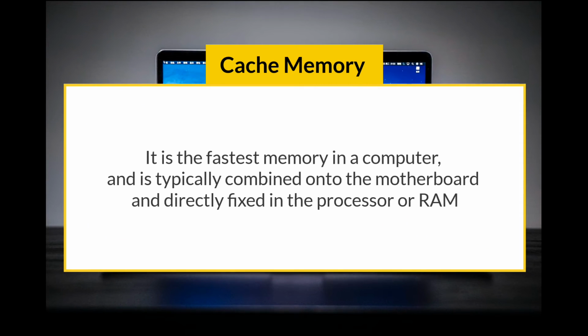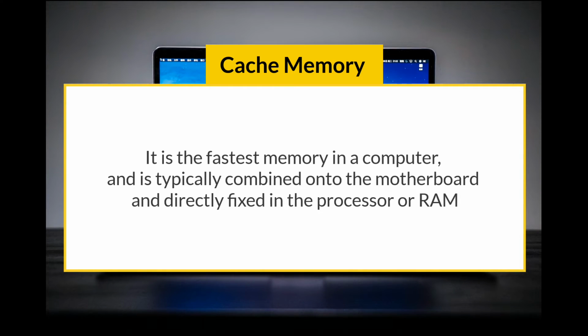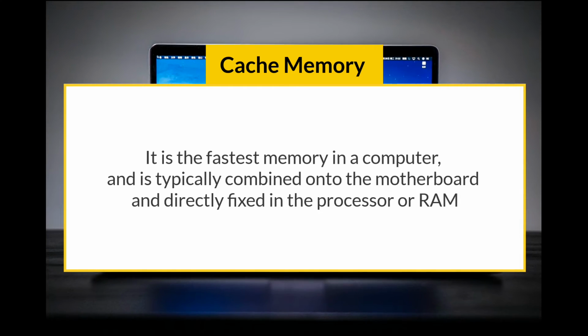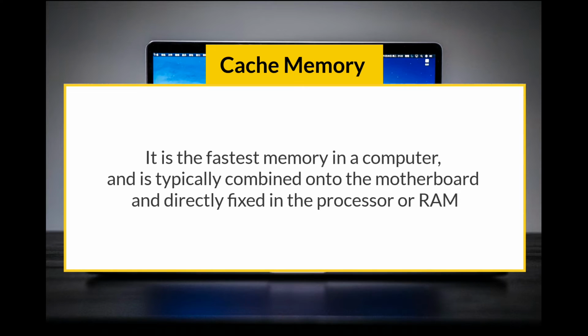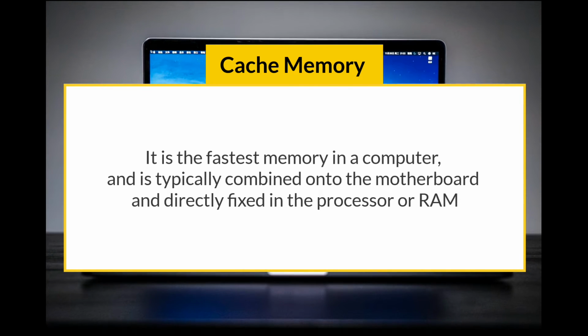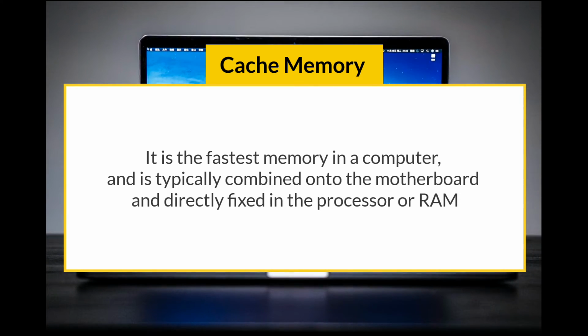Cache memory is the fastest memory in a computer and is typically integrated onto the motherboard and directly fixed in the processor or random access memory.